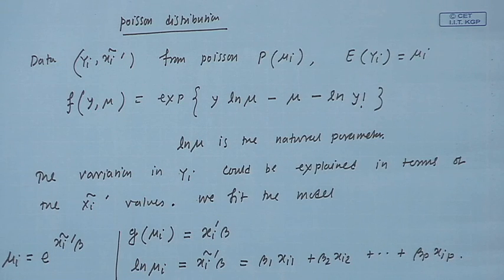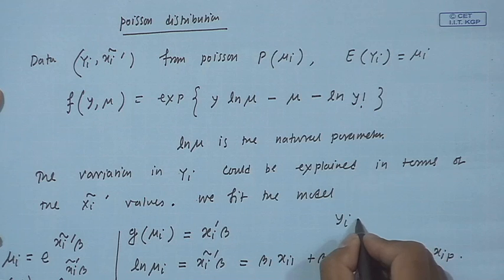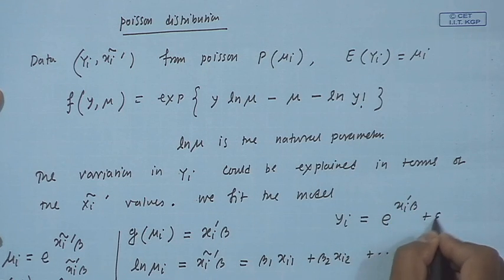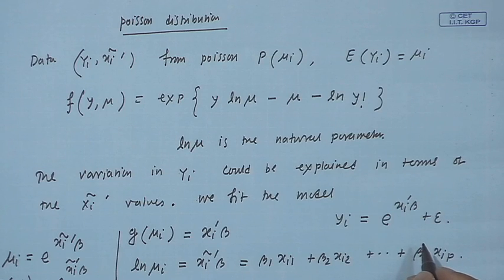So, this is the final model you have to fit, and this is nothing but expectation of y_i equal to e to the power of x_i prime beta. So, this is the same as writing y_i equal to e to the power of x_i prime beta plus epsilon, whereas for the normal case it is y_i equal to x_i prime beta plus epsilon, because for the normal case your g(mu) is equal to mu, that is why.